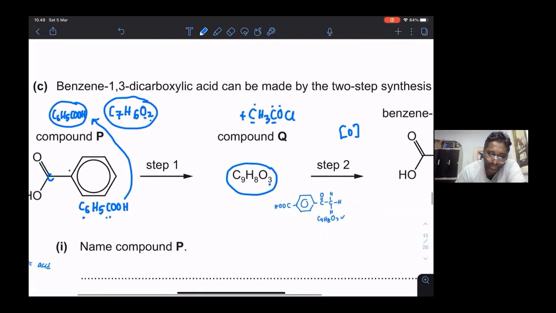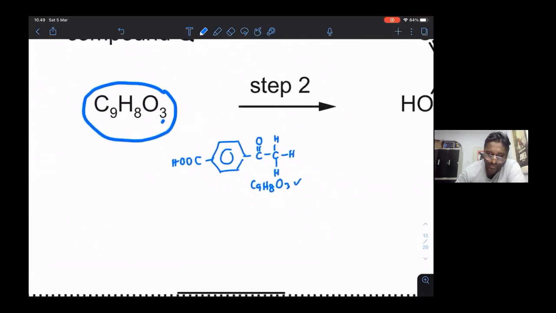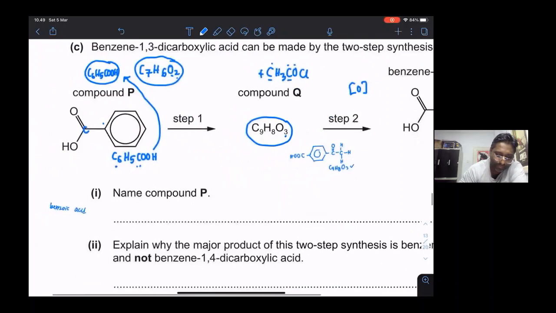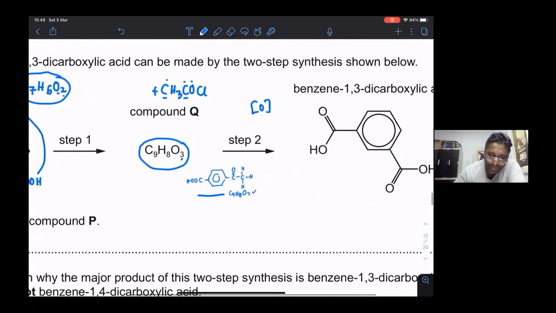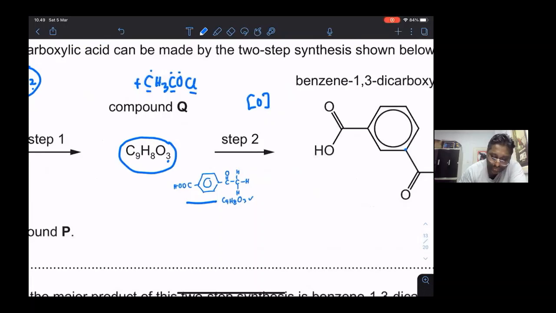Once you add it, you are going to get this molecule. I rewrote the same thing, and then the Cl goes out and you will have COCH3.